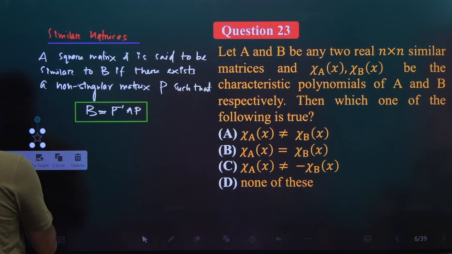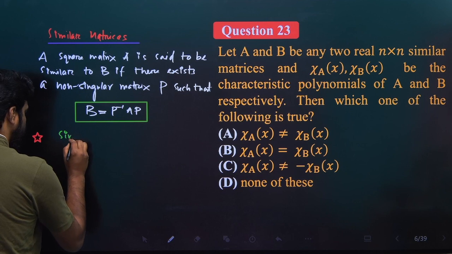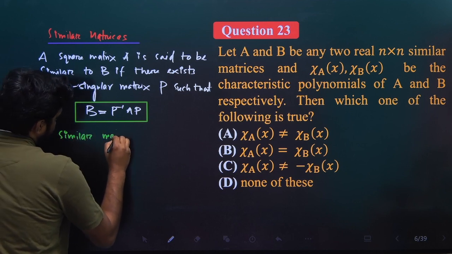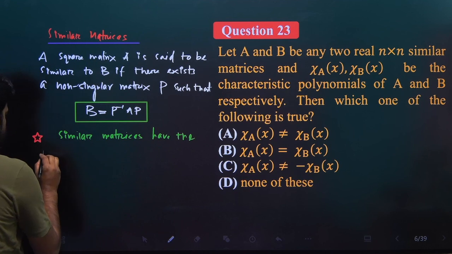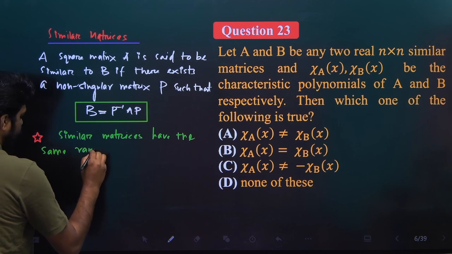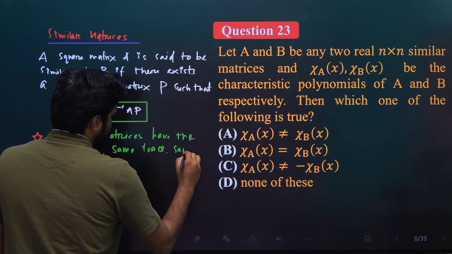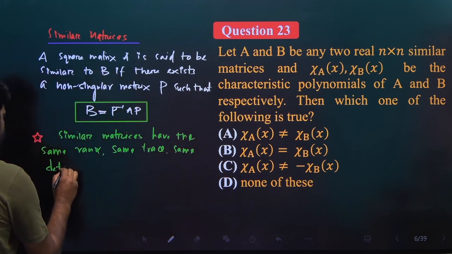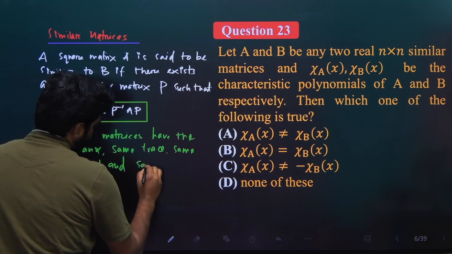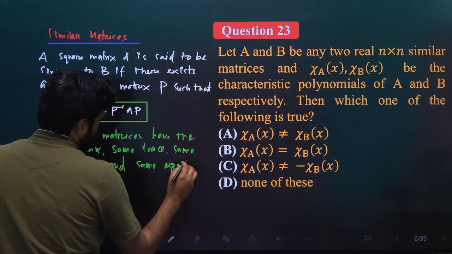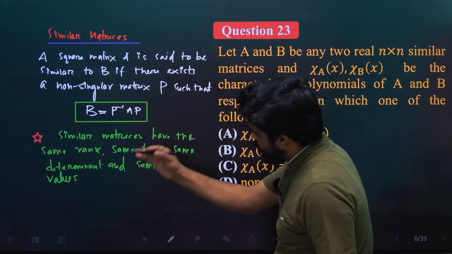So it should be noted that similar matrices have the same rank, same trace, same determinant and same eigenvalues.